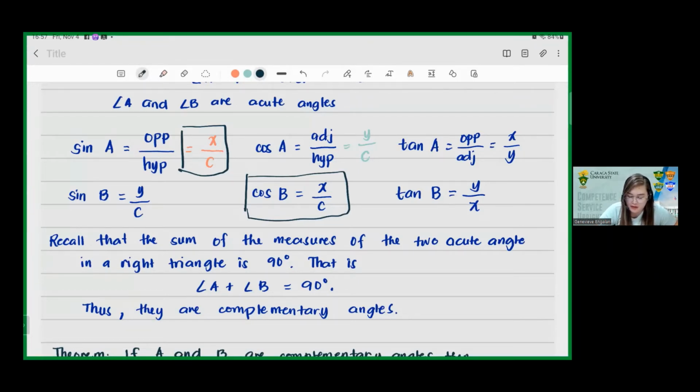And remember, tan B is just equal to cotangent A. That is just equal to cotangent A.